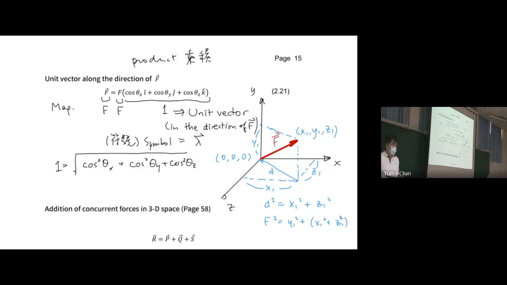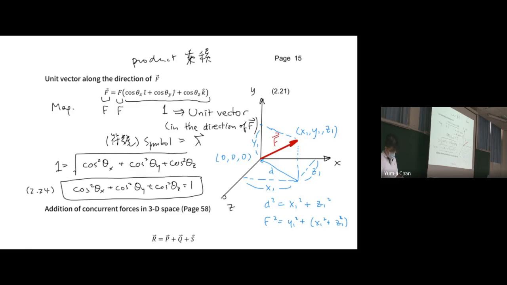Therefore, it comes to equation 2.24 on the textbook.